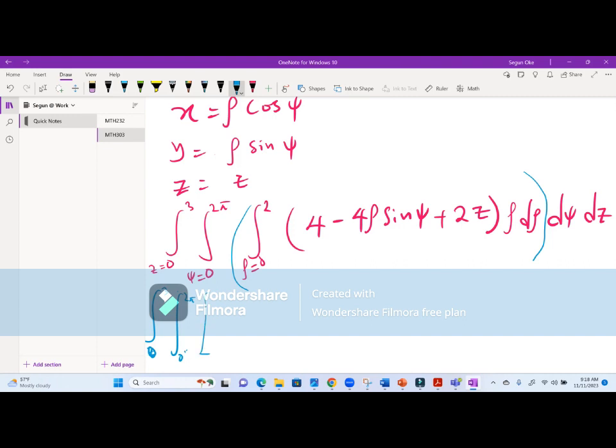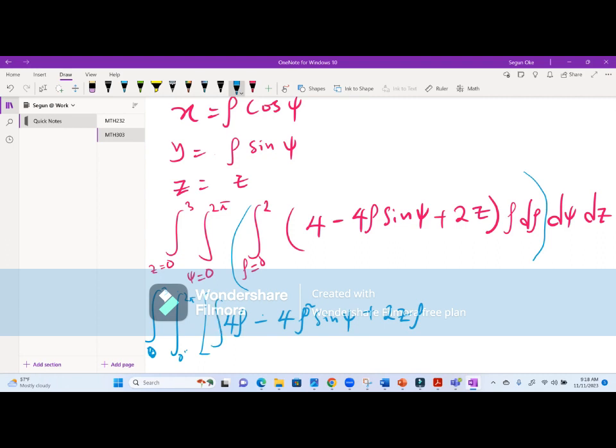So we integrate this one, remember there is a rho here. We use this rho to multiply the bracket. We have 4 rho already. 4 rho minus 4 rho squared sine phi plus 2z rho.